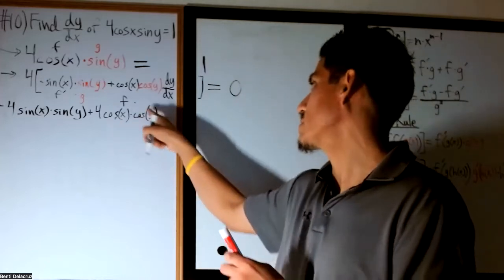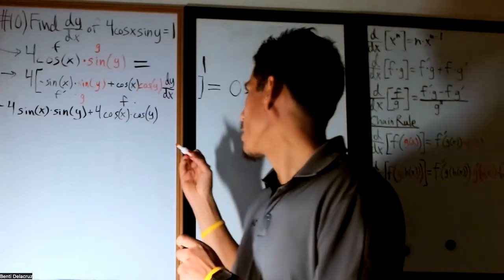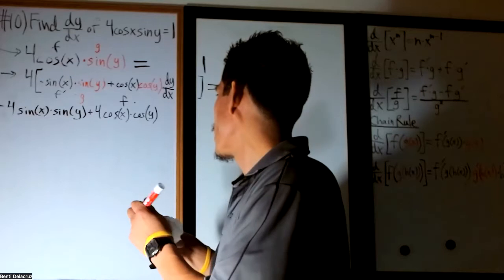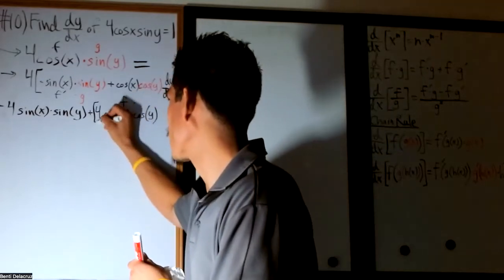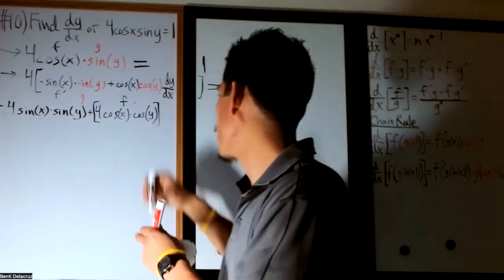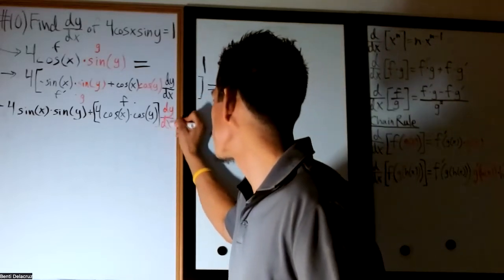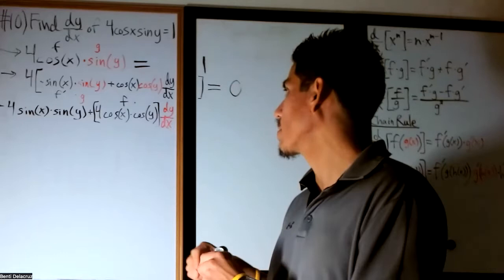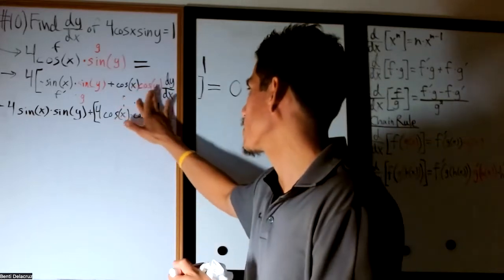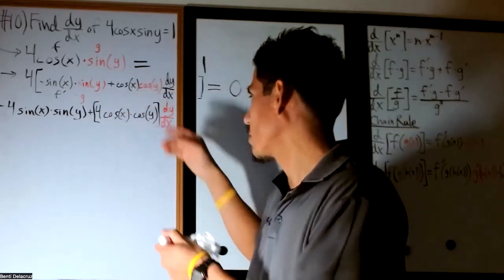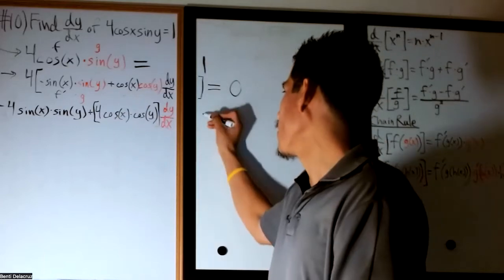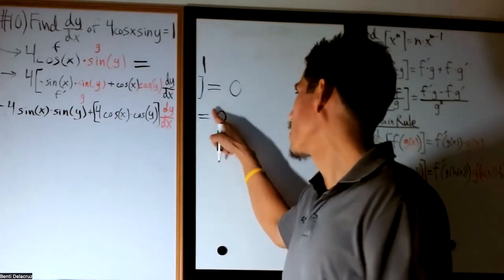And this term right here, let me put that in brackets. All of that is being multiplied by dy dx. Let me erase that f so it doesn't get confusing. And then all of that will then be equal to 0.